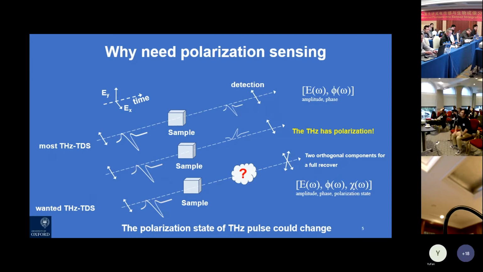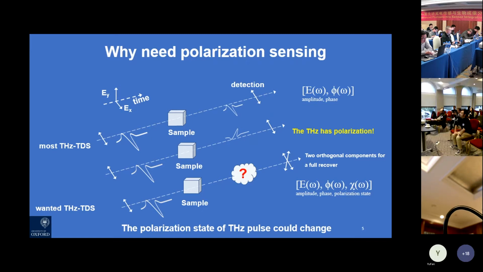And what if the polarization state of the terahertz pulse changed after transmitting through the sample? If we are still stuck with the conventional detection scheme, it is impossible to figure out the sample's effect on the transmitted terahertz pulse, which could lead to a wrong understanding of the sample's properties.